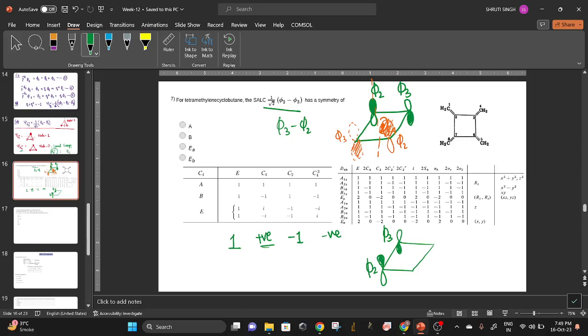So when we are comparing this with the representations in the C4 point group, we can see it is matching corresponding to E, the first one. 1, positive, -1 and negative. The complex number is because they are changing their places.